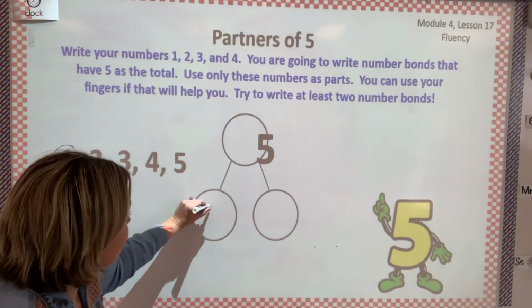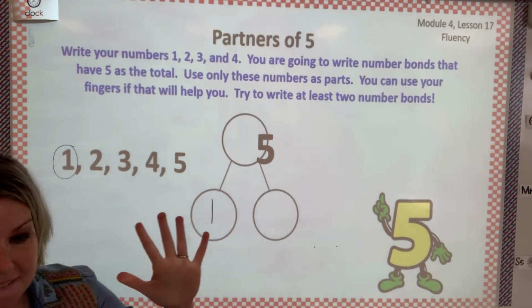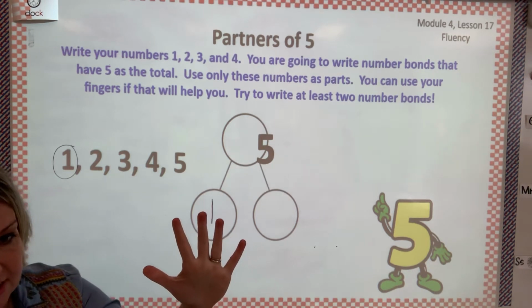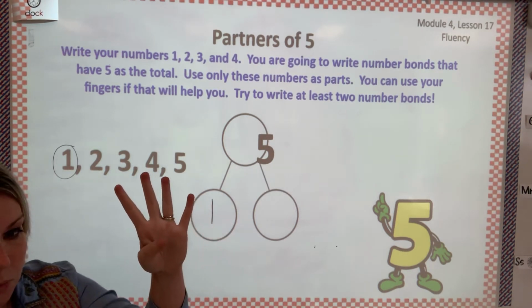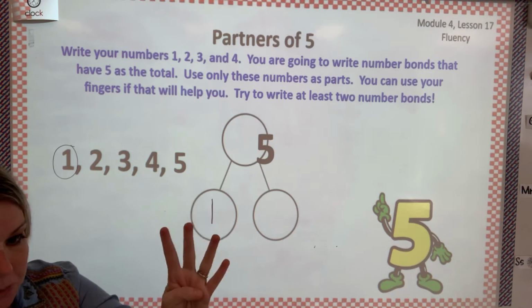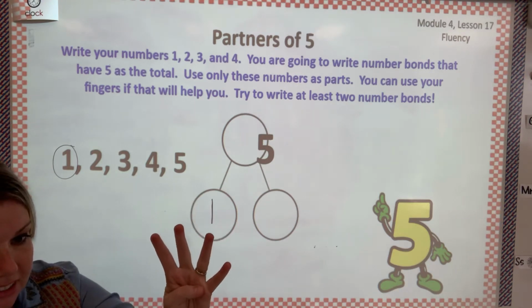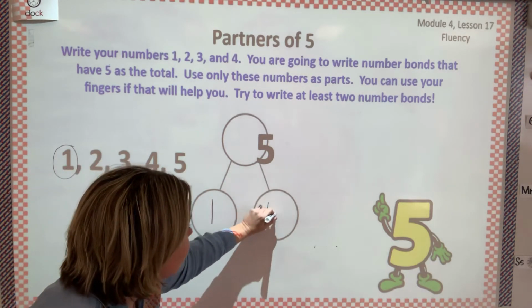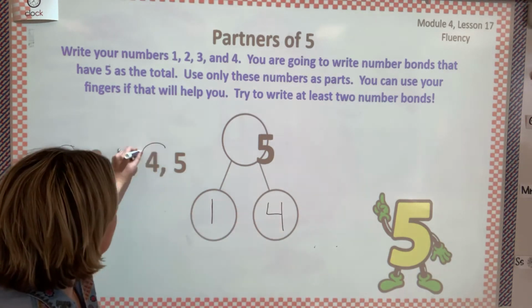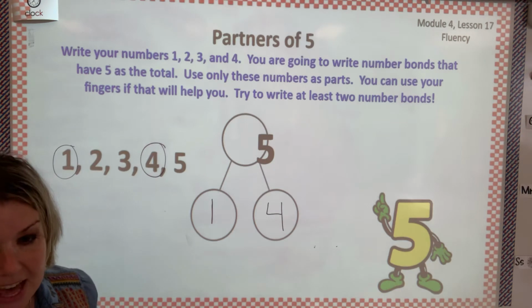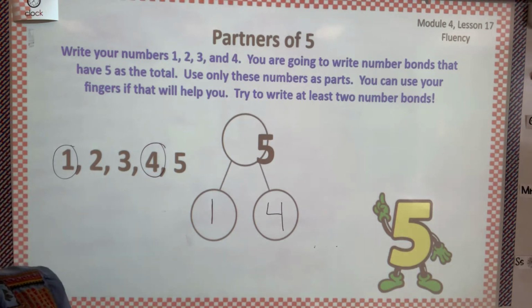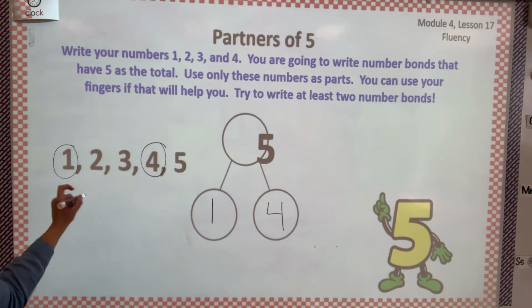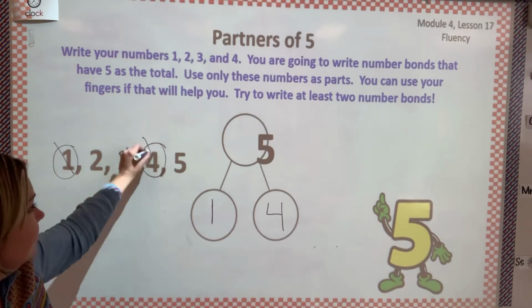I'm going to put 1 in there. If I have 5 and 1 is part of my part, what's the other part? 4, right? So 1 and 4 make 5. So now I've used those two numbers. I've used 1 and 4.